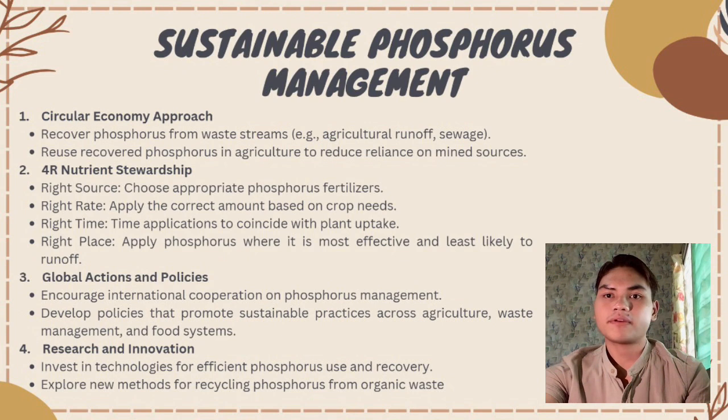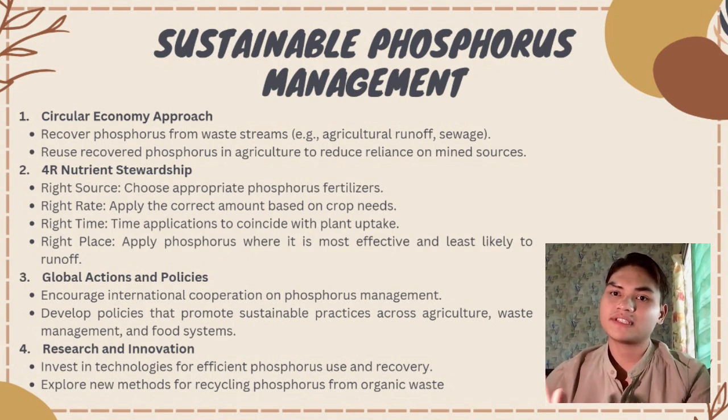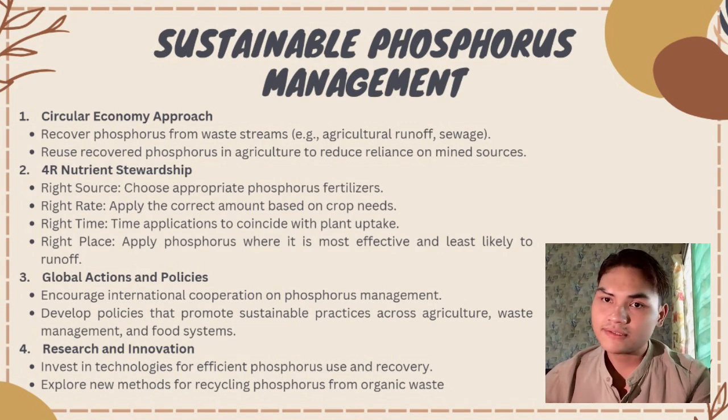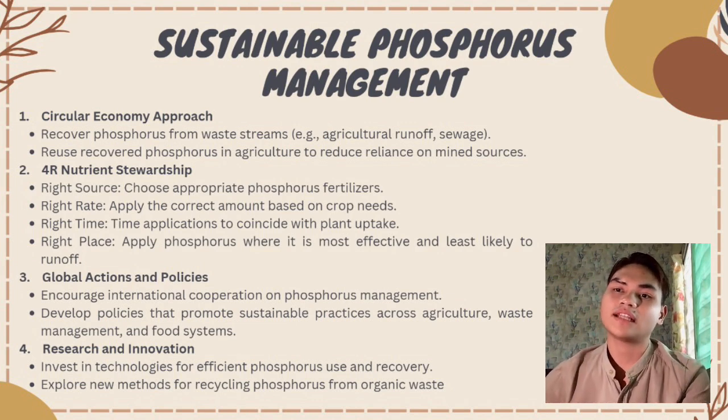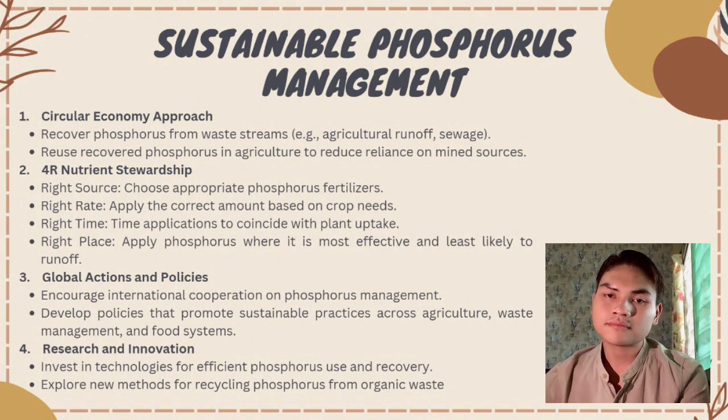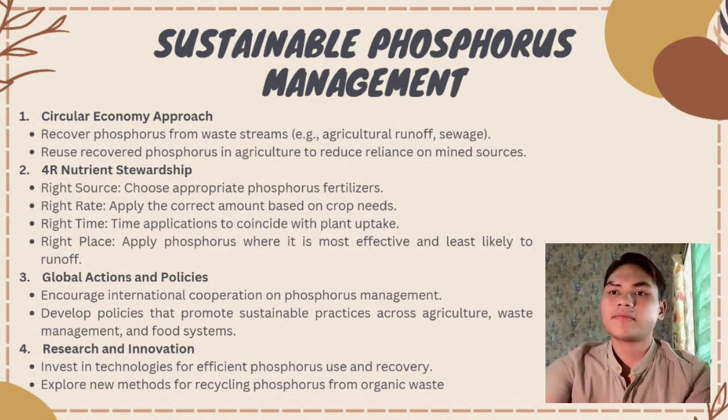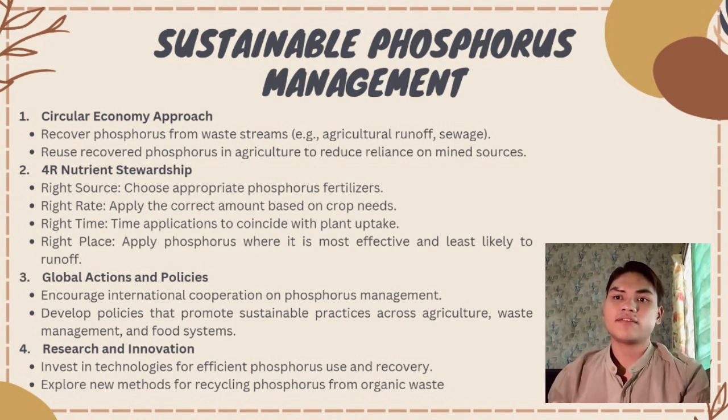One effective approach is the 4R nutrient stewardship framework, which emphasizes applying the right source, at the right rate, at the right time, and in the right place of phosphorus fertilizer. By selecting the appropriate type of fertilizer based on soil characteristics and crop needs, farmers can optimize phosphorus use.